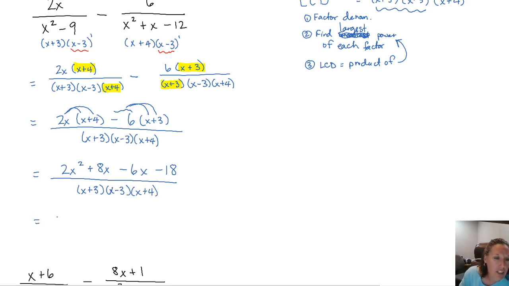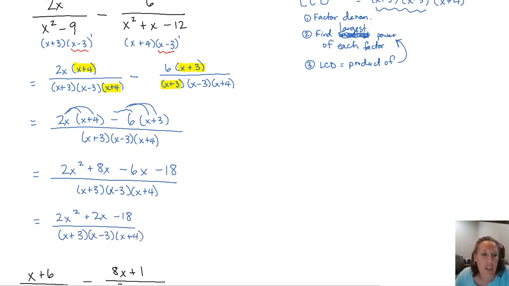All right, combining like terms in the numerator, we've got 2x squared is the only thing we have with an x squared. 8x minus 6x is going to give us a positive 2x, and then minus 18 on the end. And our last step, we want to make sure we don't have any common factors here.